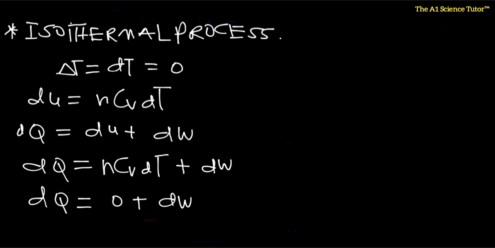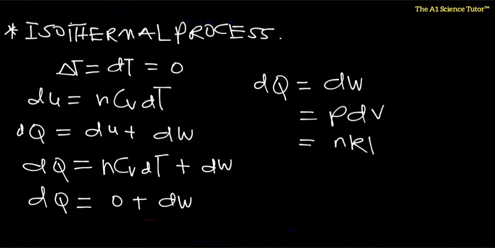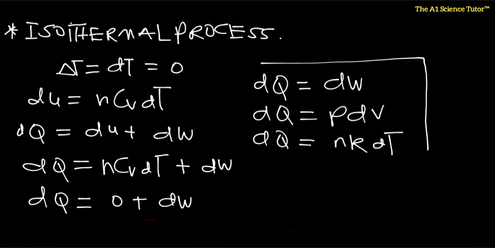Under an isothermal process, you should have dQ equal to dW, which could also be rewritten as P dV or as nRdT. So this is basically the transformation of the first law equation under isothermal process.